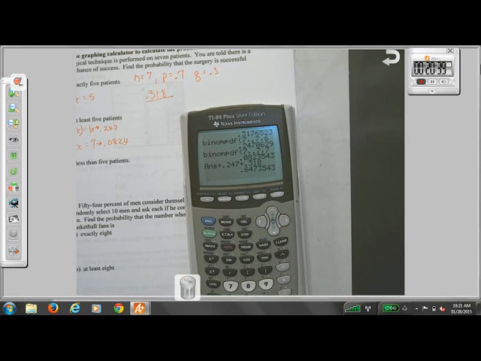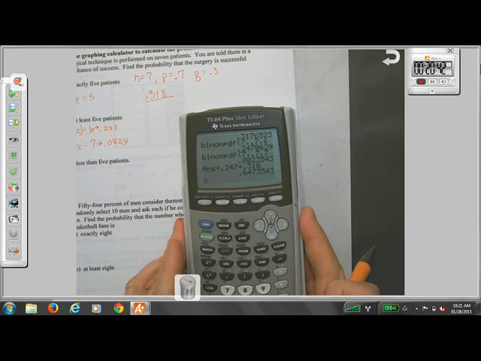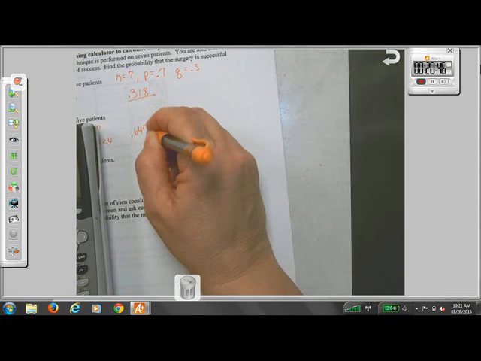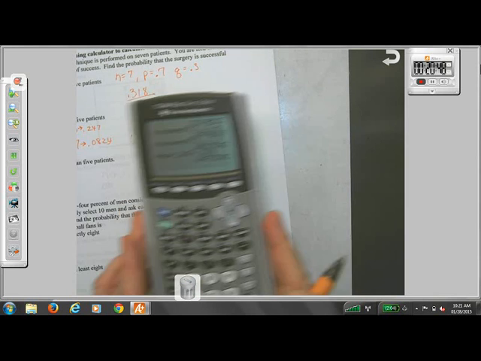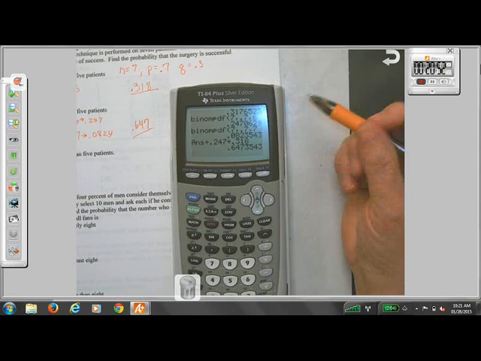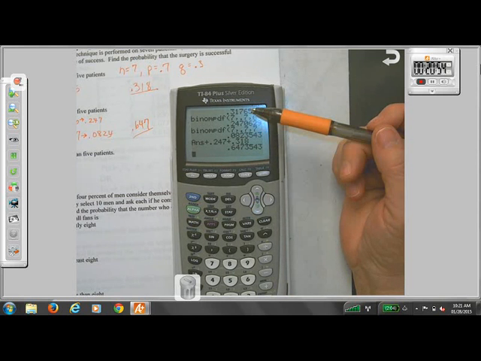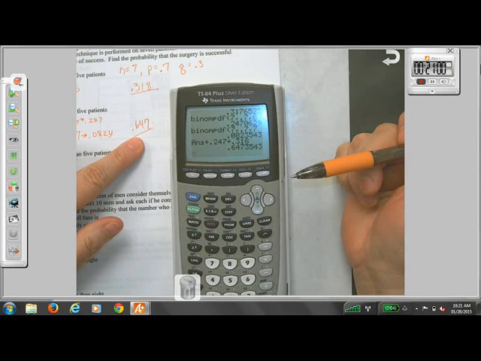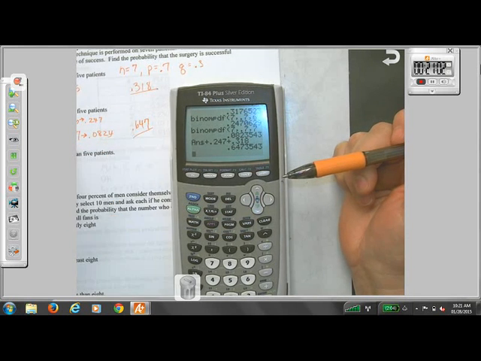0.647. So we did exactly 5. We did 2 more and got at least 5. So I had to do the function on the calculator 3 times here.